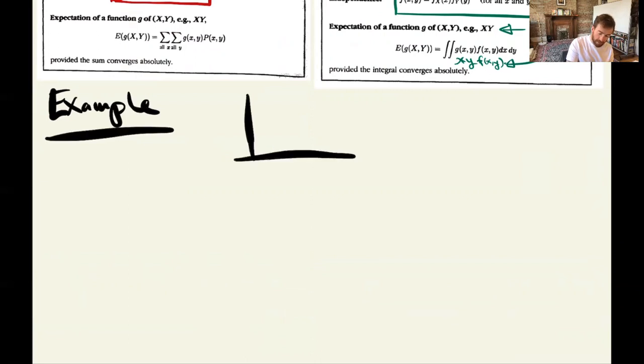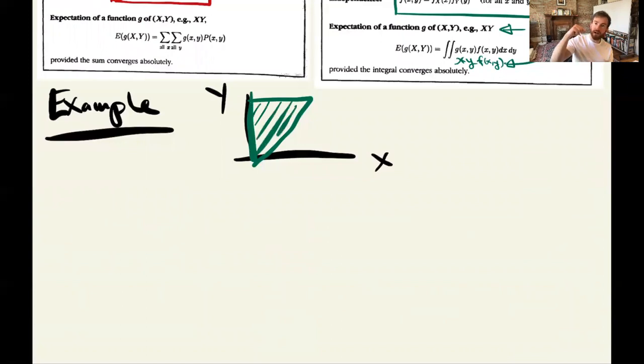So here's an example. We've got capital X, capital Y. I'm going to draw its support. In this case, we're looking at the set of points which have y greater than x, but both of those being between 0 and 1.